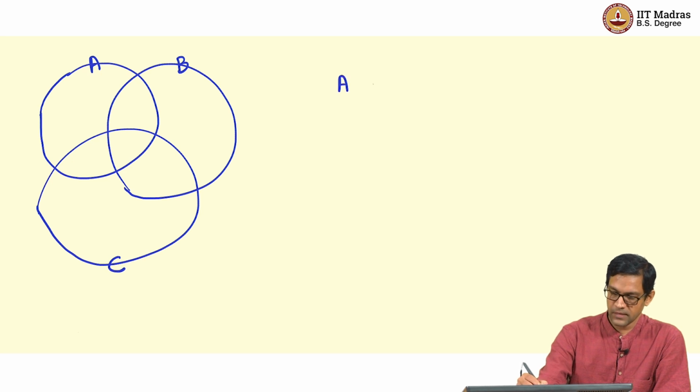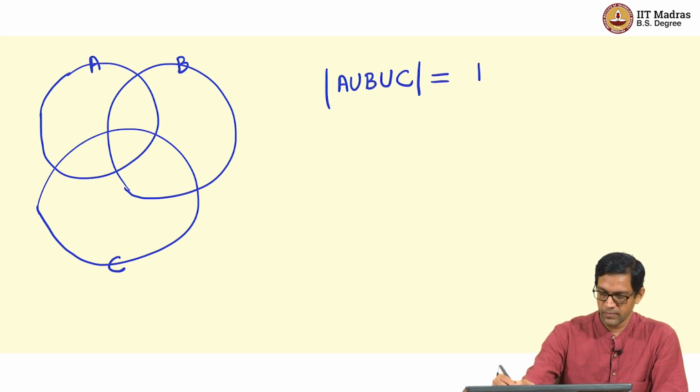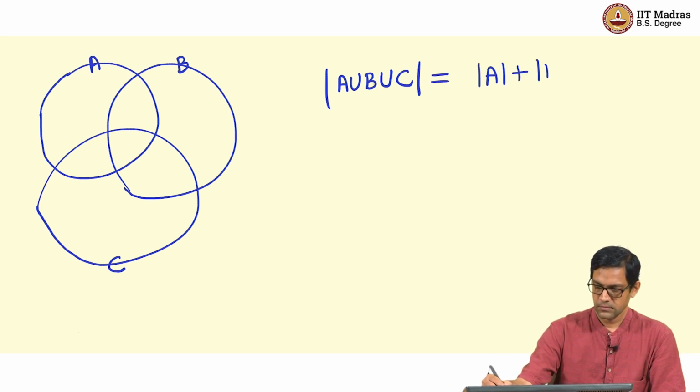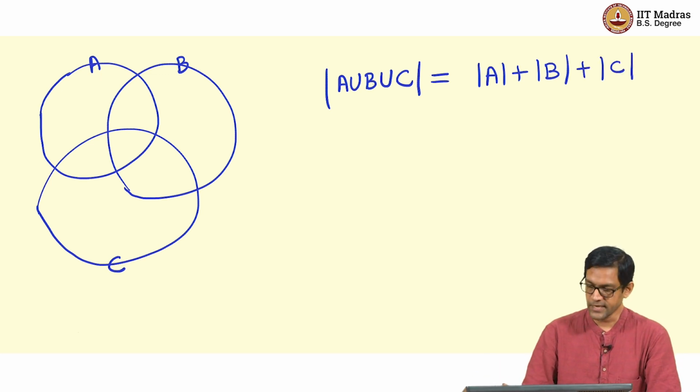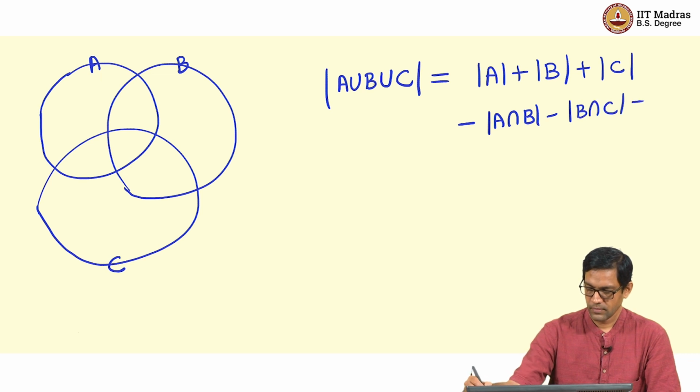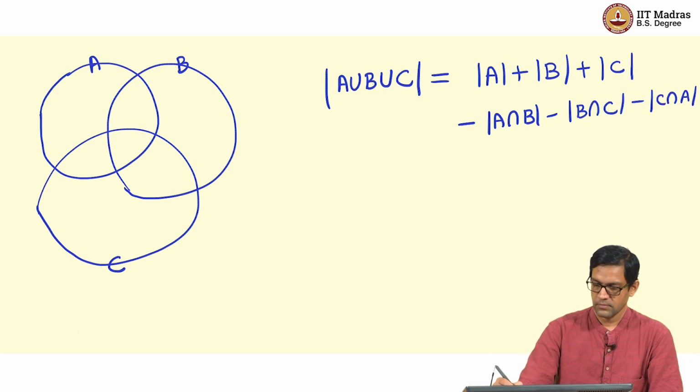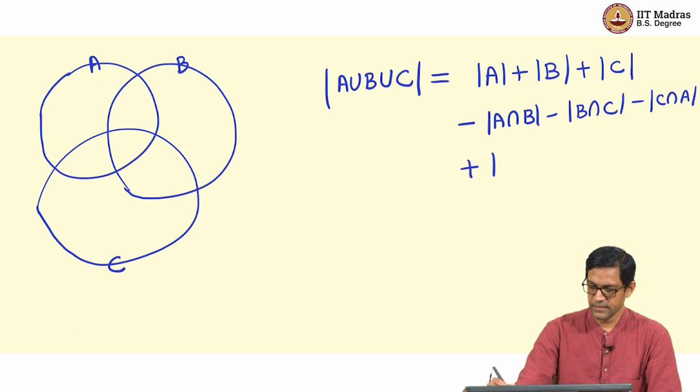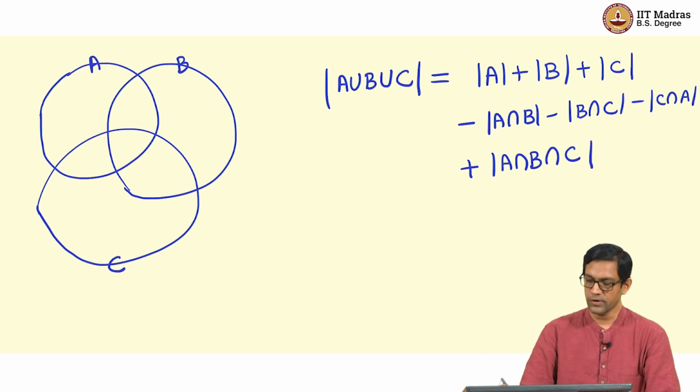If you want to find the cardinality of A union B union C, you start out by approximating it by the sum of the cardinalities of the 3 sets, but that is usually too much. So from that we subtract the cardinalities of the pairwise intersections, and at the end we just add the cardinality of the threefold intersection.